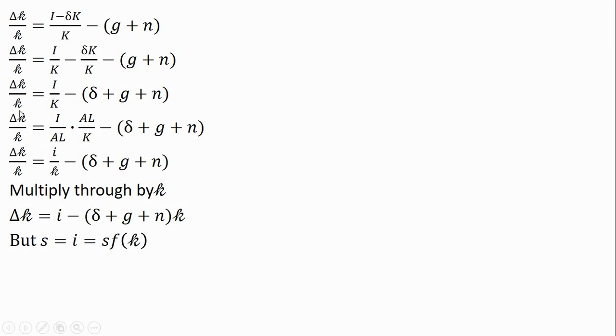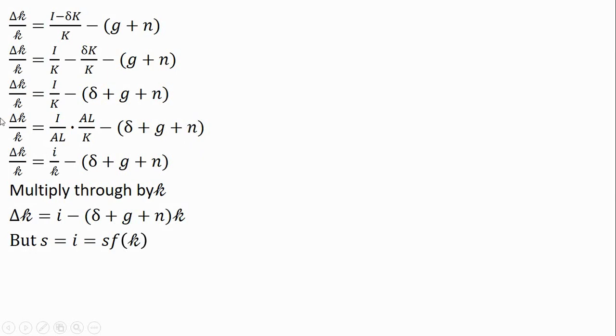Like if we have change in kappa over kappa, if I multiply it by AL and also divide it by AL, I'll remain with change in kappa over kappa. If I multiply sigma by AL, also divide it by AL, of course the AL will cancel out, I will still remain with sigma. If I multiply the g by AL and divide it by AL, I still remain with g because the ALs will cancel out. The same goes for the n.